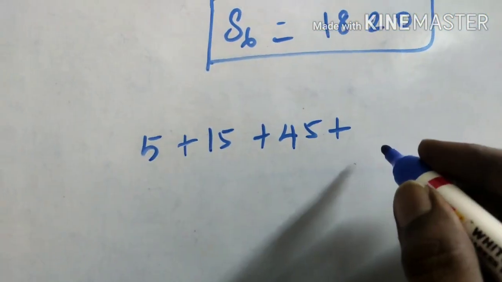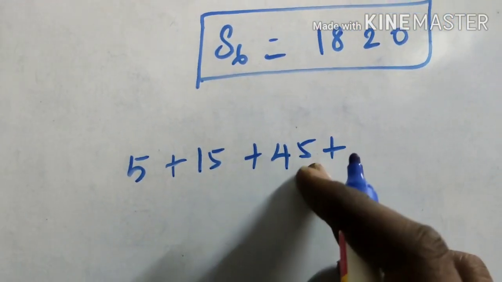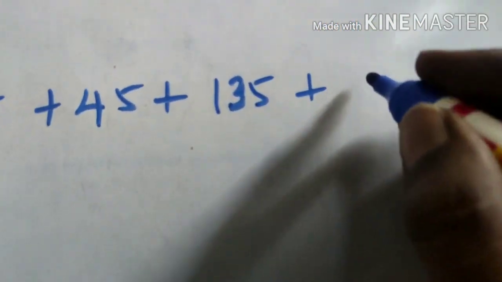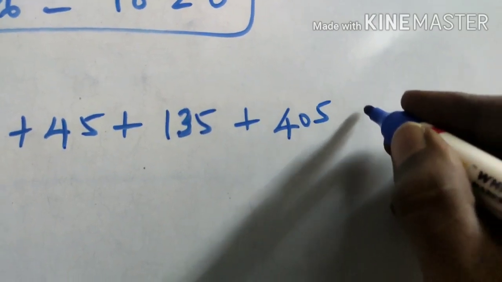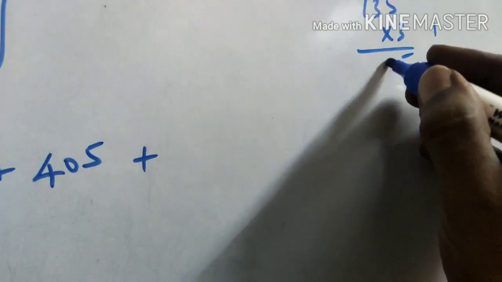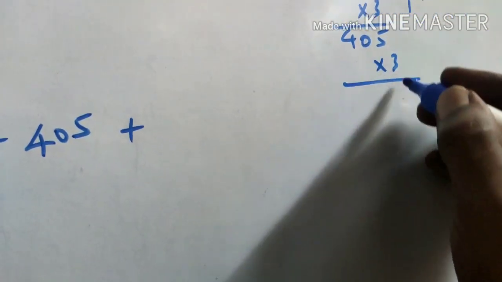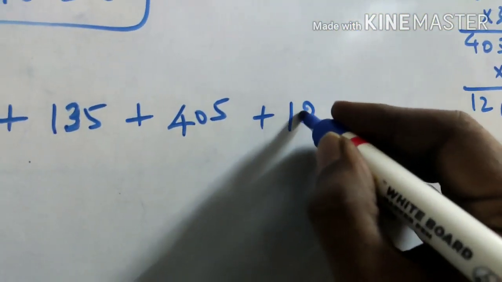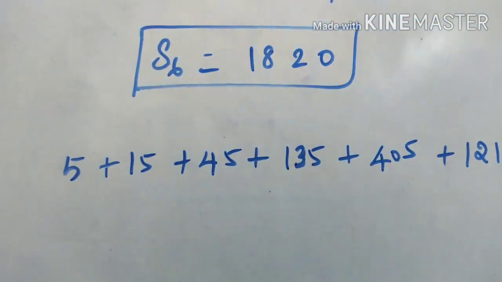This GP is formed by multiplying by 3 as the common ratio. 5 threes are 15, 15 into 3 is 45, 45 into 3 is 135, 135 into 3 is 405, 405 into 3 is 1215. Now if you add all these 6 numbers, you will get this answer.